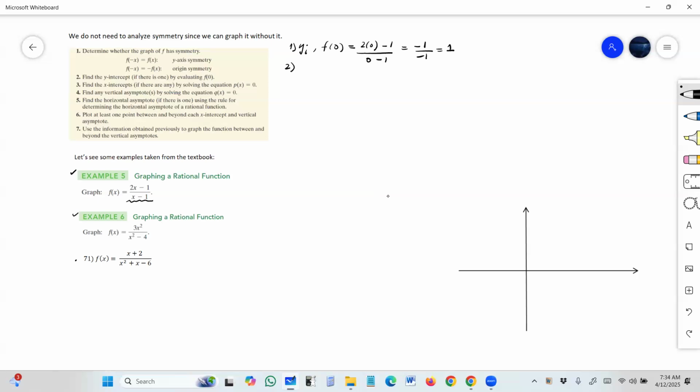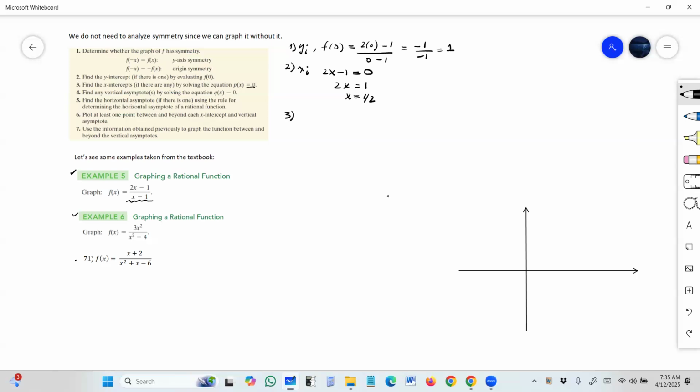I'm going to find the x-intercept, and I find the x-intercept by setting the numerator to 0 and solving for x, right? So +1 on both sides, and divide everything by 2. This is my x-intercept.